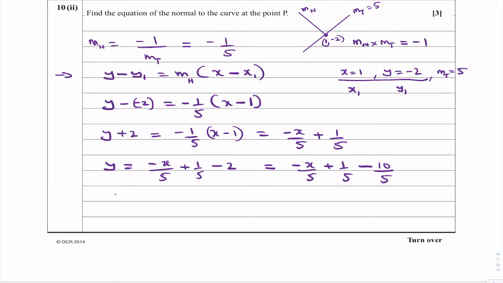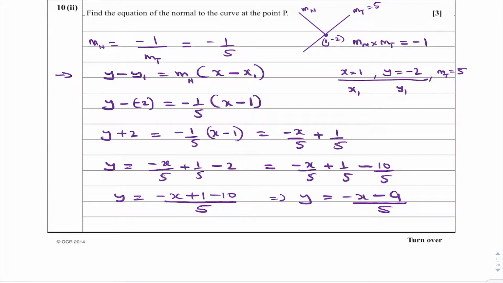Which means I have one common denominator now. So y equals minus x over 5. In fact, I can just add all of these together. So let me add the numerators together. Minus x plus 1 minus 10 all over 5, because they all have the same common denominator, which implies that y equals minus x minus 9 over 5. So that's the equation.